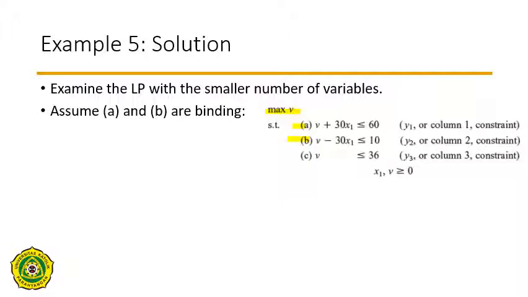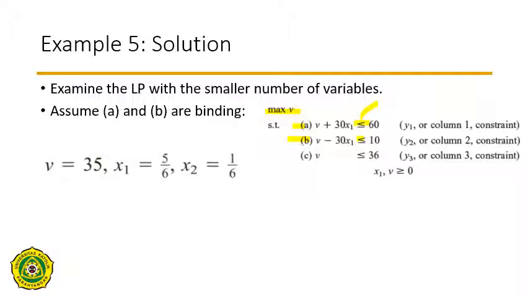It means that we assume at the optimal solution, these constraints have the sign of equality. So now if these signs are equality, we may solve these two constraints because we only have two variables, v and x1, and we have two equations. By solving that, we obtain v equals 35, x1 equals 5 over 6, and x2 equals 1 over 6.